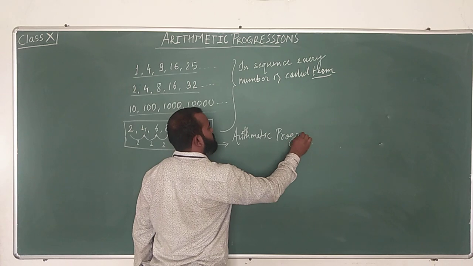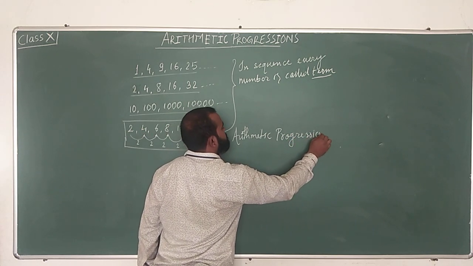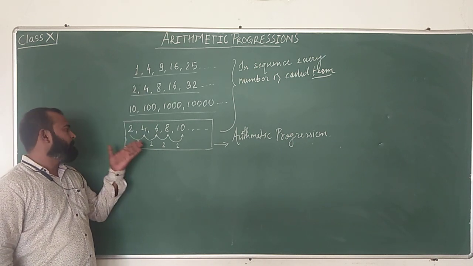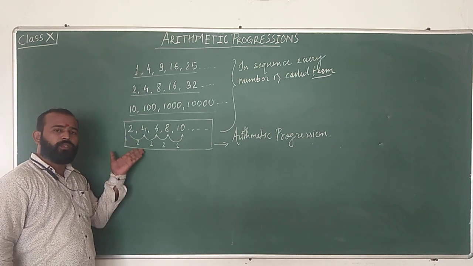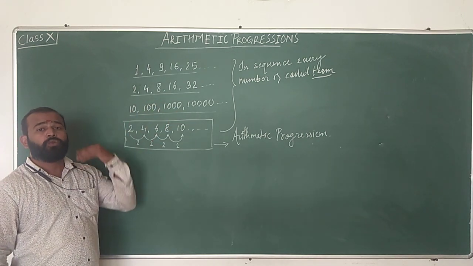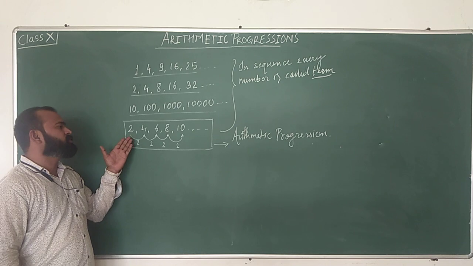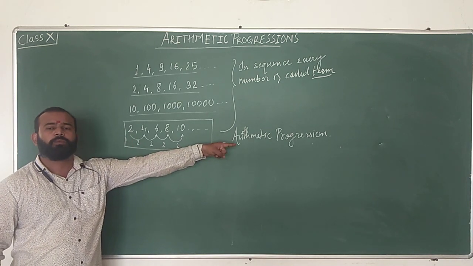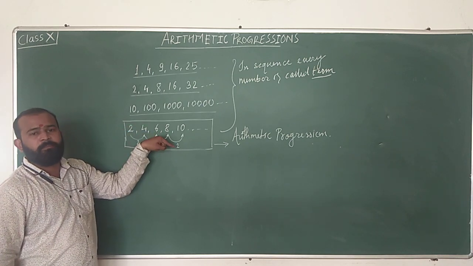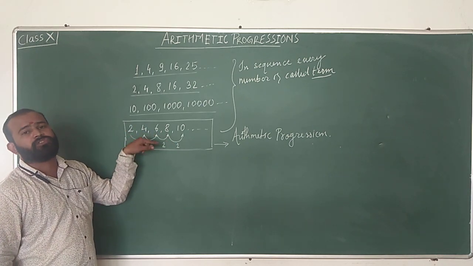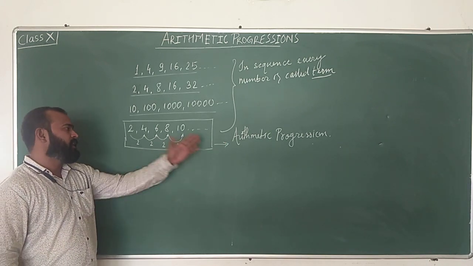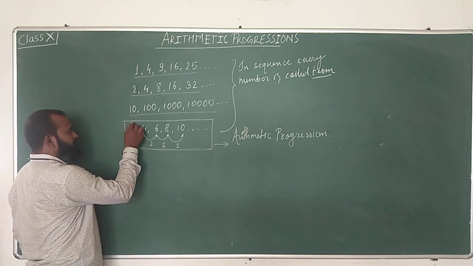What is called an arithmetic progression? The sequence in which a unique number is added to the preceding number to get the succeeding number is called an arithmetic progression.